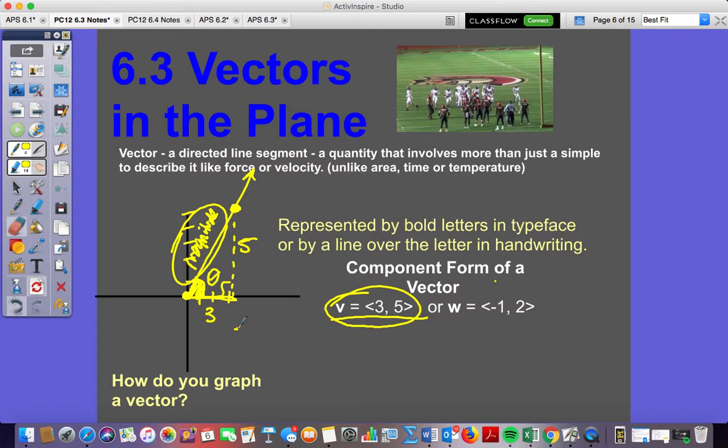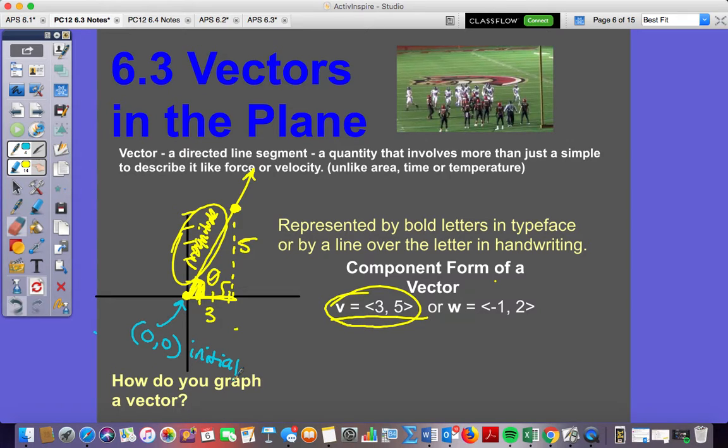So we would say that this right here corresponds to a vector. What would be my initial side here? 0, 0. Good. This is my initial. If it's in component form, we always start at 0, 0. You'll see some where it's not the case, and we'll talk over that. What is my terminal side?